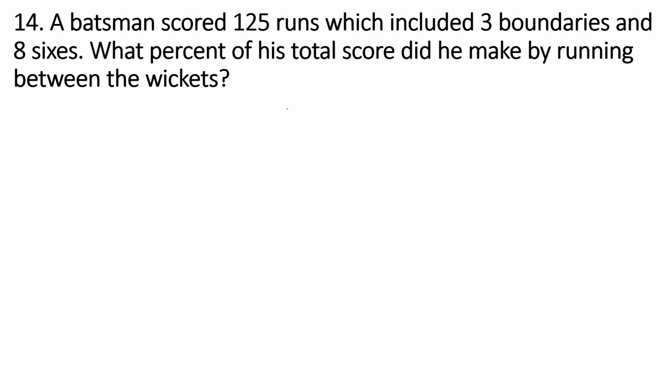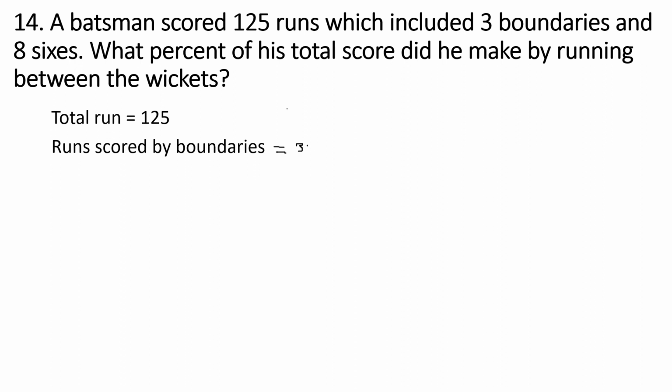A batsman scored 125 runs, which included 3 boundaries and 8 sixes. What percent of his total score did he make by running between the wickets? Okay, so it is given the total runs equal 125. The runs scored by boundaries are 3 into 4, which is equal to 12. Then runs scored by the sixes, there are a total of 8 sixes, 8 into 6, so that is equal to 48.